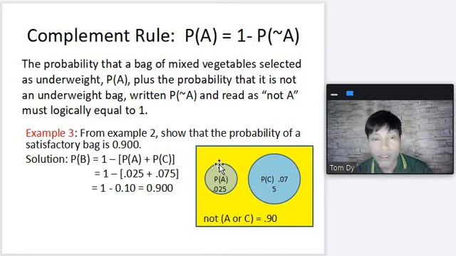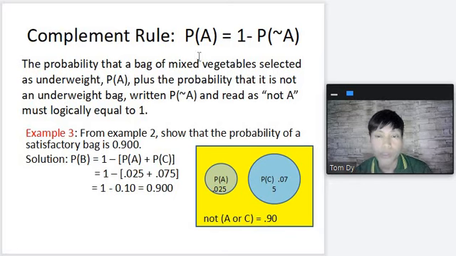And then the probability of C is 0.075, this one. And then not A or C, that is equivalent to 0.90. This is A, this is C. So not A or C, this yellow color, that is 0.90.